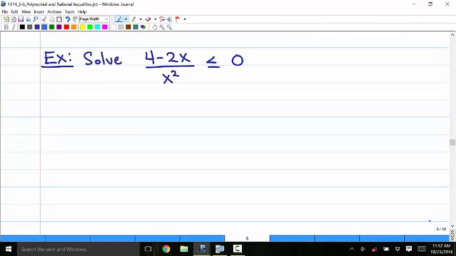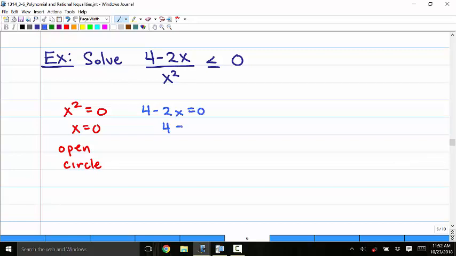Okay, here we go. Solve 4 minus 2x over x squared less than or equal to 0. I'm going to set the denominator equal to 0, solve for x. I get x equals 0. Values that make the denominator equal to 0 are always open circles. Then I go set the numerator equal to 0.